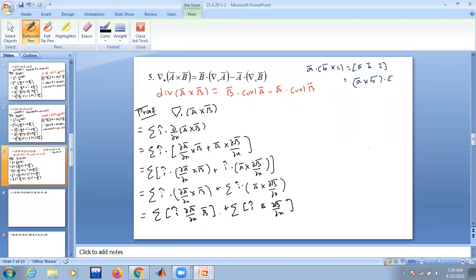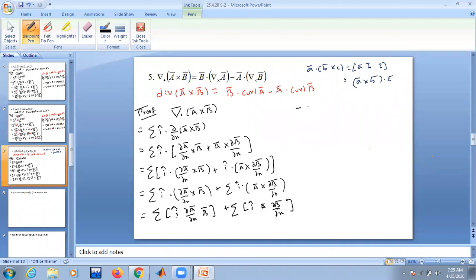Is it okay? Now I would like to write the second expression similar to the first expression. In the first expression, if you notice, it is vector, derivative, vector, but in the second term it is vector, vector derivative. Here also I want to see it as vector, derivative, vector. That means I want to change this order. I want to interchange a bar with the dou b bar by dou x position. Then what do I have to do? I have to multiply with minus.